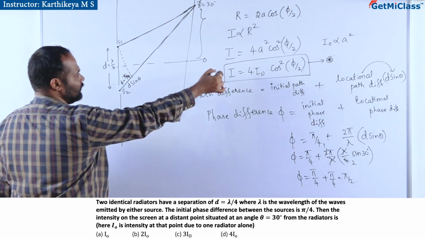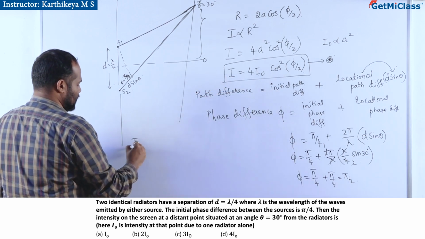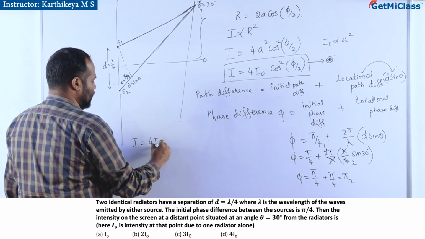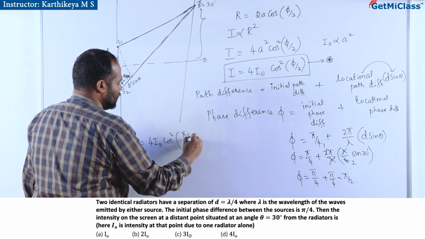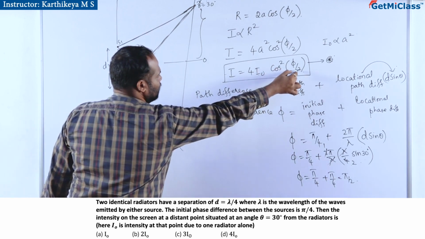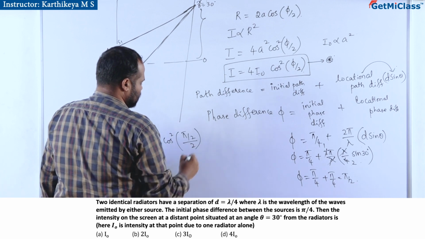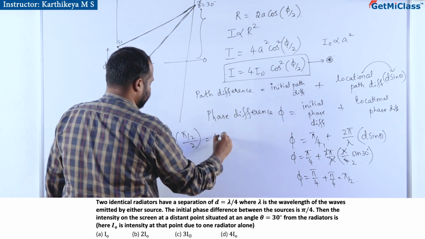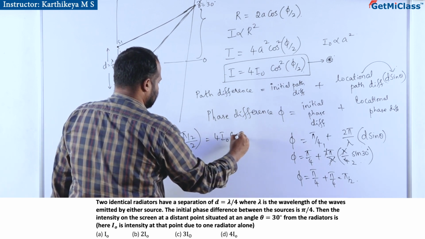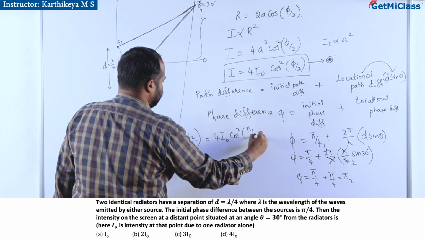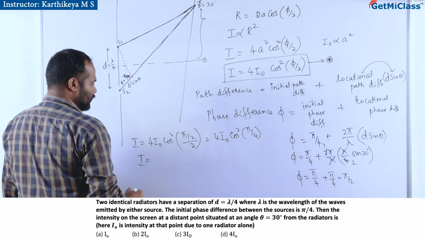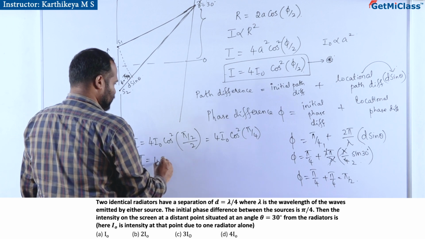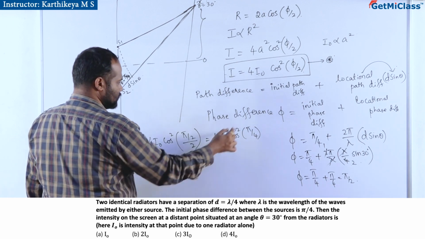Now going back to this equation, I is equal to 4 I naught cos square phi by 2. Phi I have found out, that is pi by 2, and there is 2 in the formula. So this will be 4 I naught cos square pi by 4.